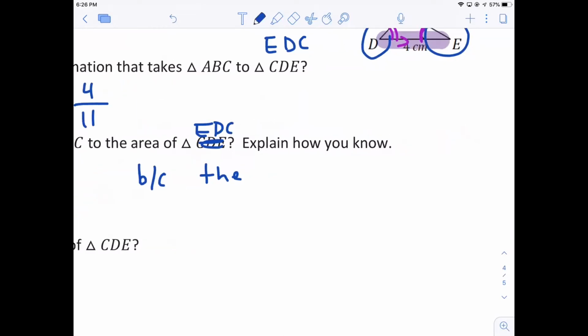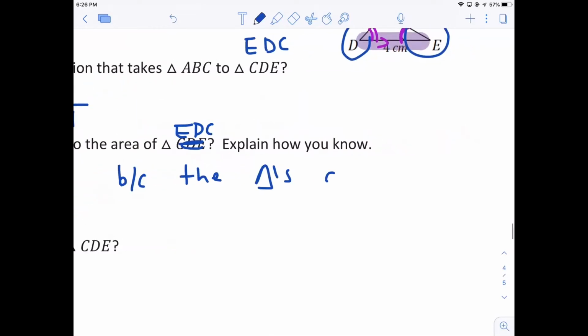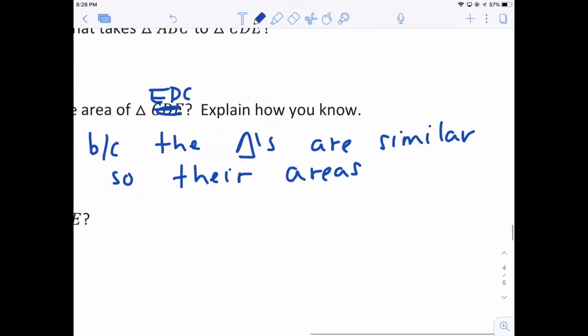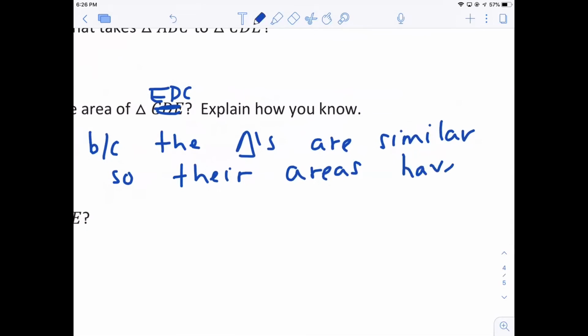I know this because the triangles are similar. So their areas have a scale factor of R squared.